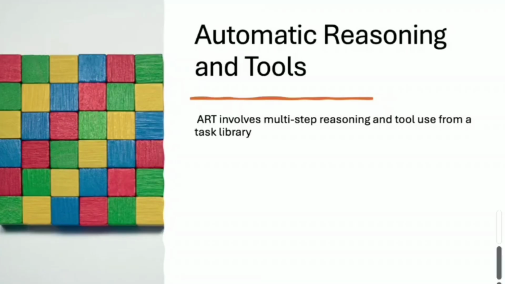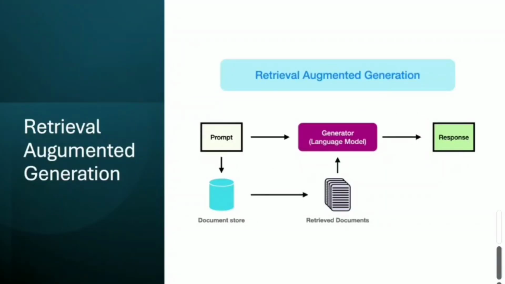So in this multi-step reasoning prompt, it actually makes use of some tools that we supply before giving an answer. Finally, there is another powerful technique called retrieval augmented generation. Now, what it does is, the one that I've indicated in sky blue, the document store.